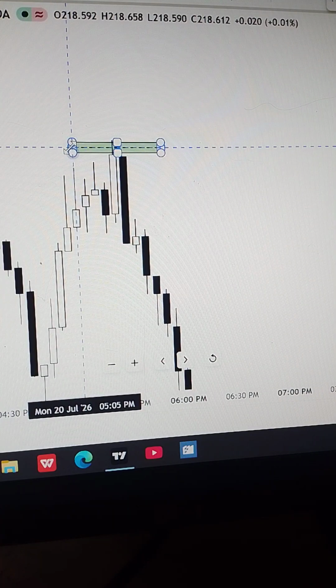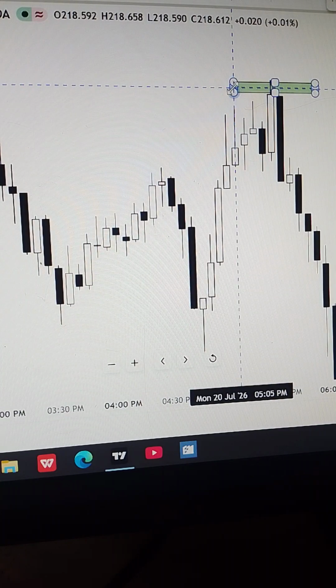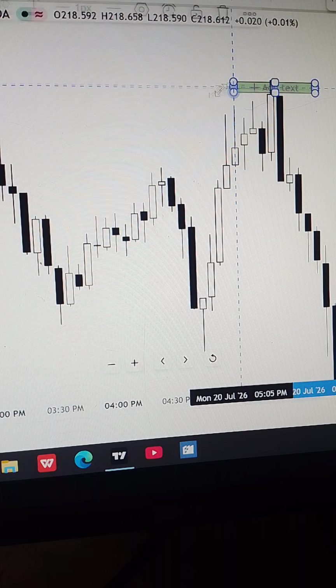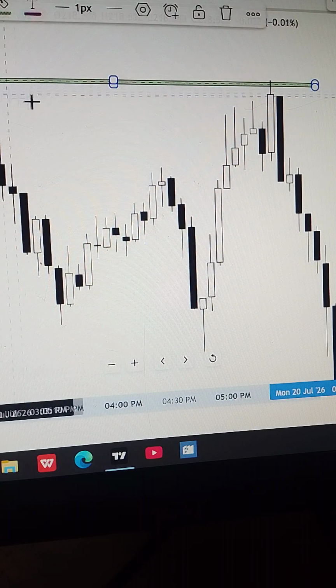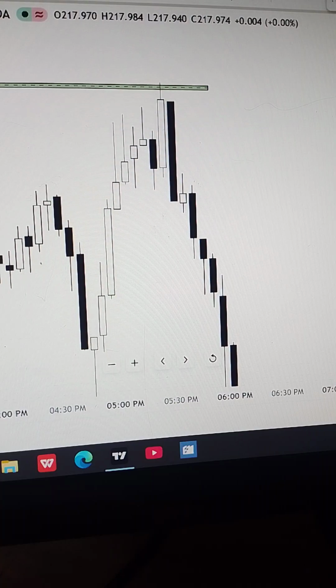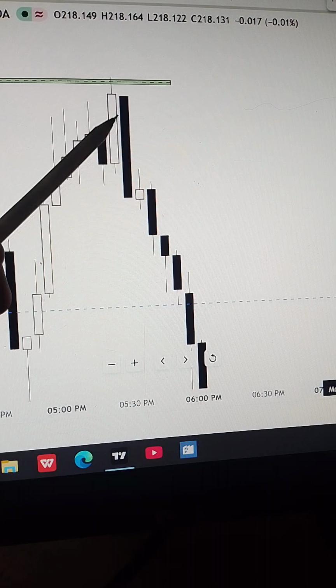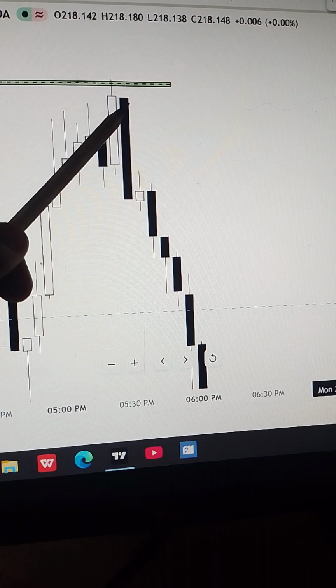Let's say the entry was on the higher time frame, maybe the 1 hour or 4 hours. This was our entry, and you added positions.